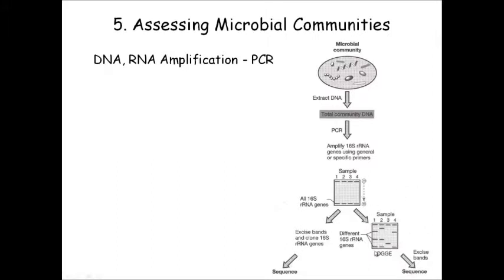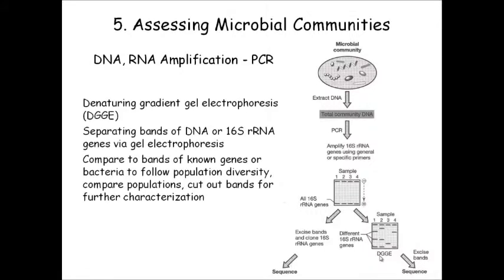Or we could subject them to something called DGGE, denaturing gradient gel electrophoresis, and that separates out the bands of DNA or RNA, and we can compare them to standards or typical genera or species and say whether or not there's a good match.